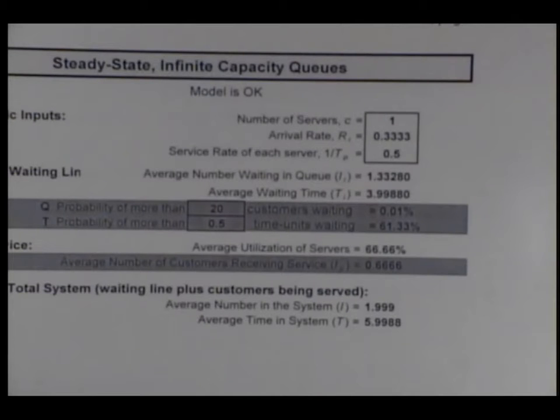So it represents the total number of customers in the system, right? So if we have I representing the total number of customers in the system, and I sub I representing those waiting, if I wanted to know how many were in processing, what would I do?